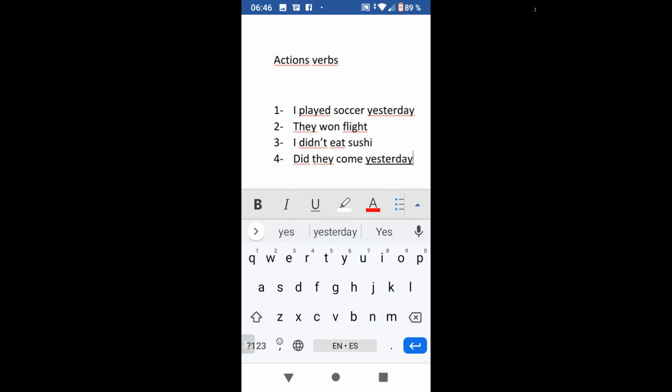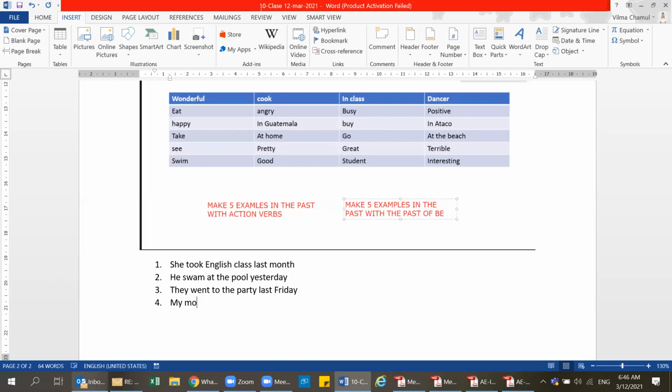And the last one? Did you play the guitar? My mother cooked an apple pie. Last week.